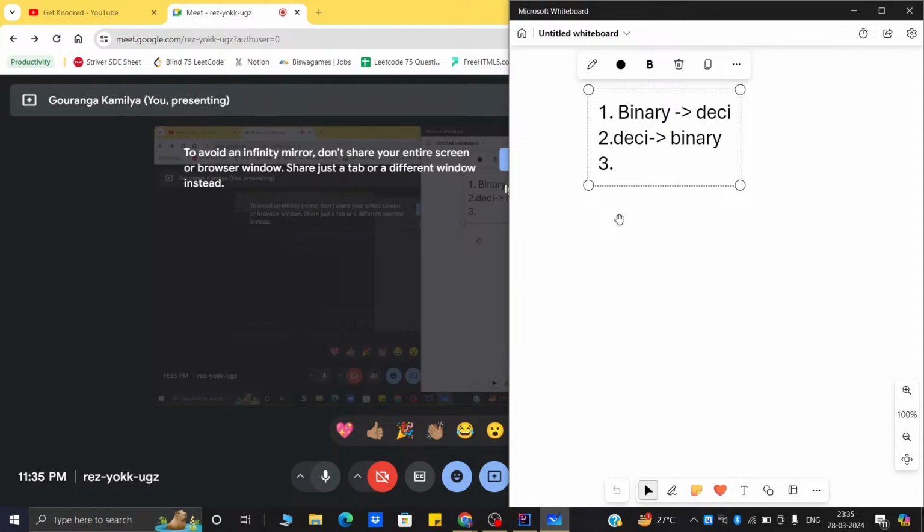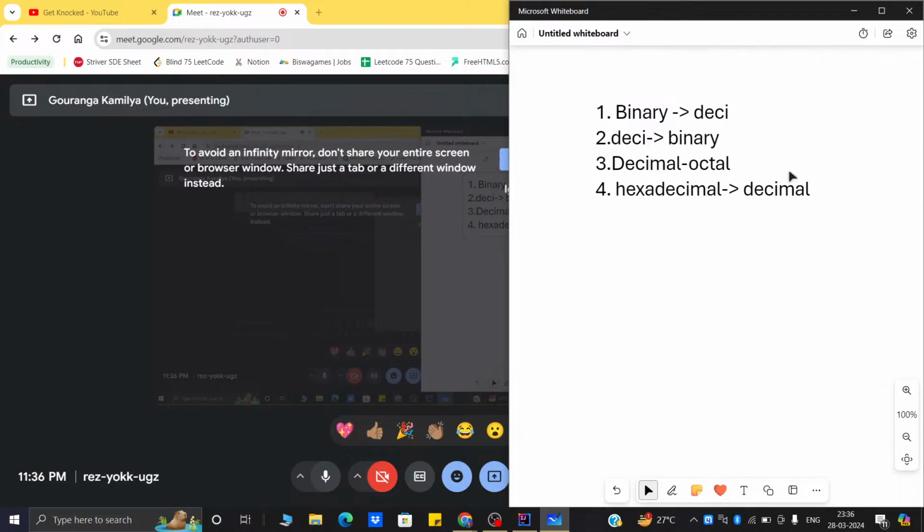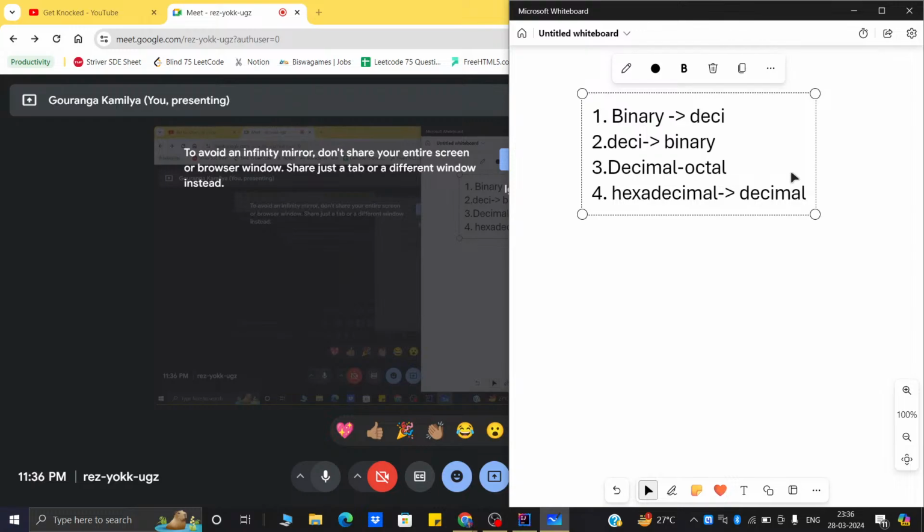Number three, decimal to octal. Number four, that's it for today, hexadecimal to decimal. If you do these four questions, you can do any questions regarding this number system.